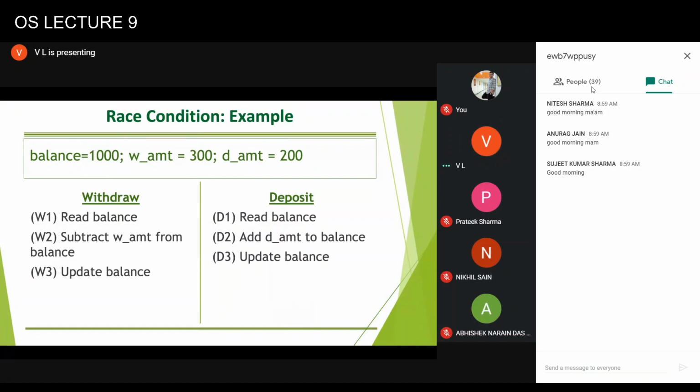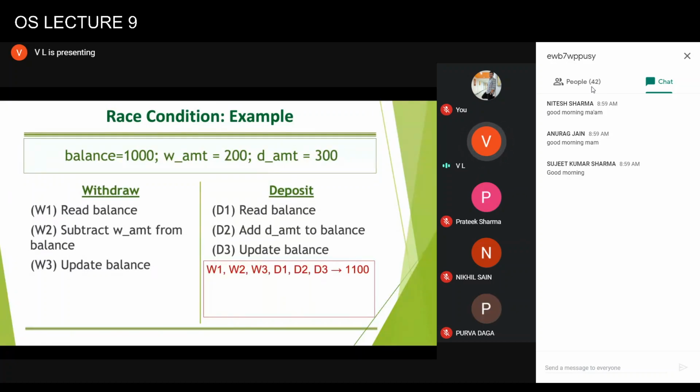In this particular case, both the processes are reading from balance, and initially both may read 1,000. Depending upon the sequence in which the instructions are scheduled, the outcome will change. For example, if W1, W2, W3 are executed before D1, D2, D3, the outcome is 1,100. The same is true if all the instructions of deposit are executed before the instructions of withdraw: again the outcome will be 1,100.